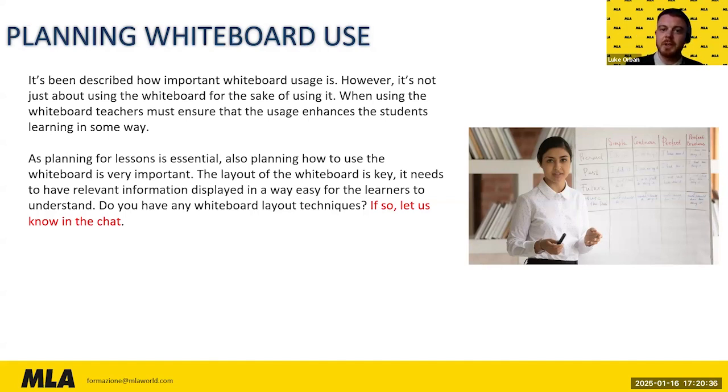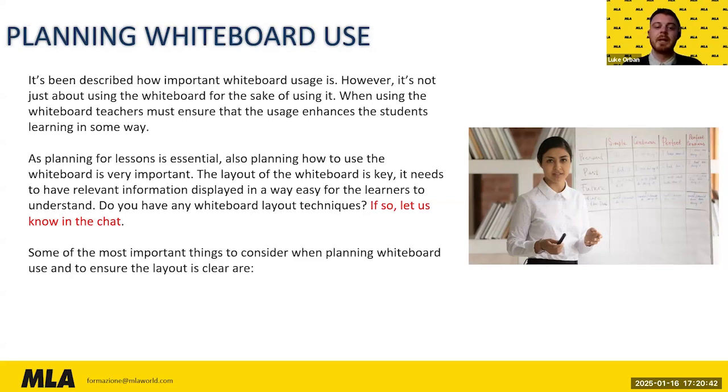Sectioning and color coding are good ways to plan whiteboard use, but a few others include ensuring that your writing is clear and legible. I remember when I first started teaching, I am left-handed, so I write across the words that I've just written.